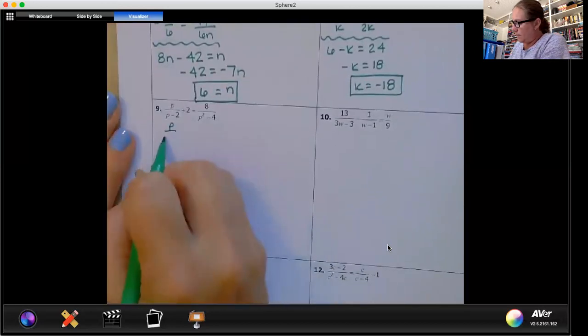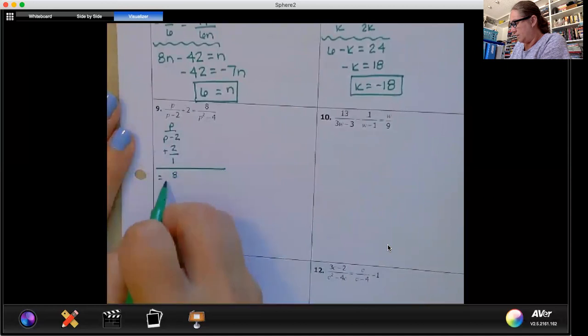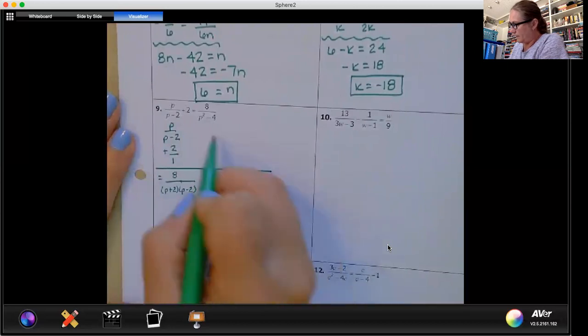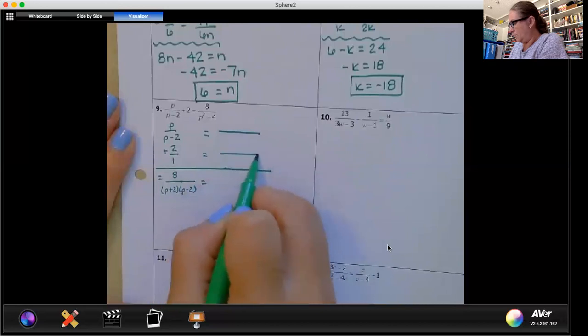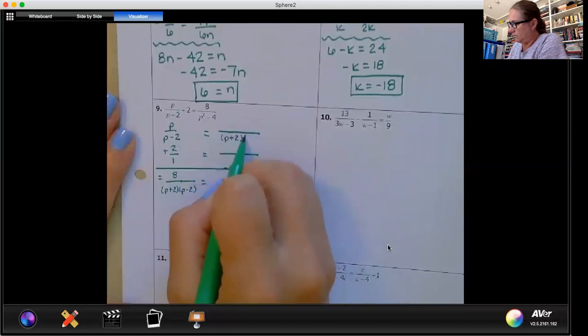P over p minus 2 plus 2 over 1 equals 8 over p plus 2, p minus 2. So looking at our three denominators, our common denominator is p plus 2, p minus 2.